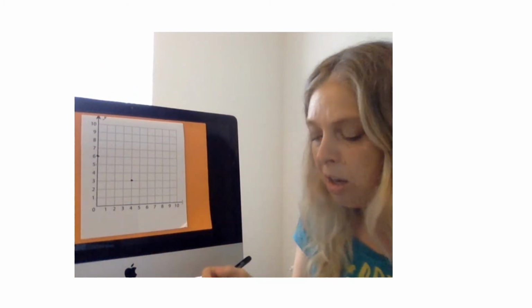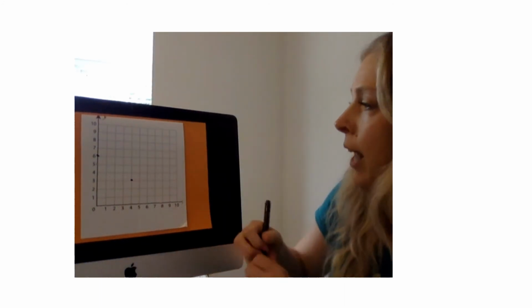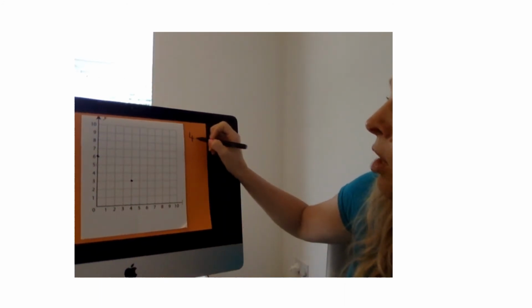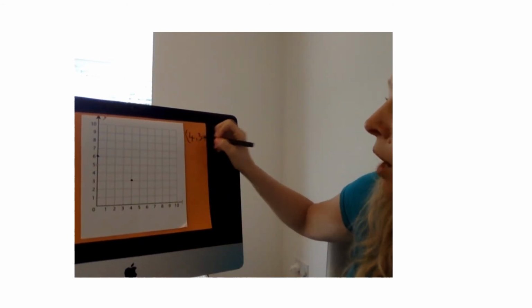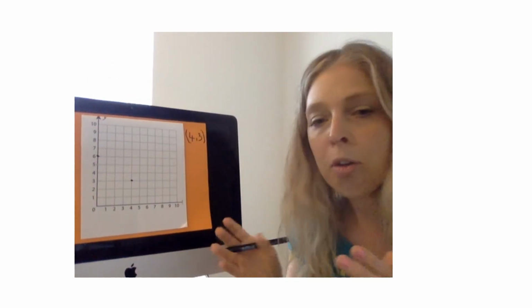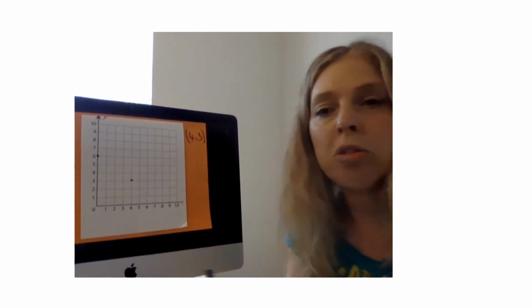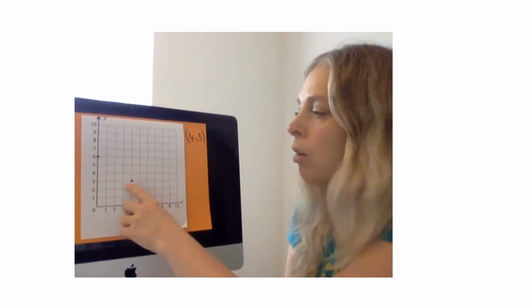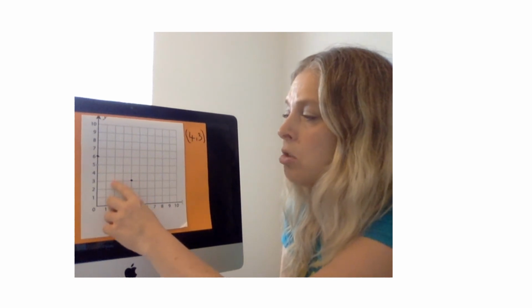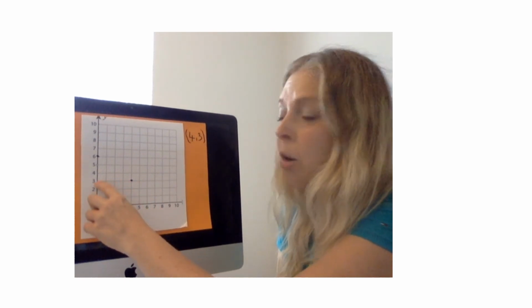So we started with 4, 3, and I'll write that on here. That was our first coordinate. And using the instructions, 4 to the left and 3 up, we found our new coordinates. So we'll just check that together. 4 across, 1, 2, 3, 4.